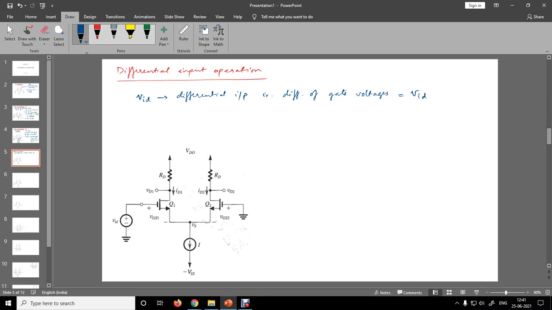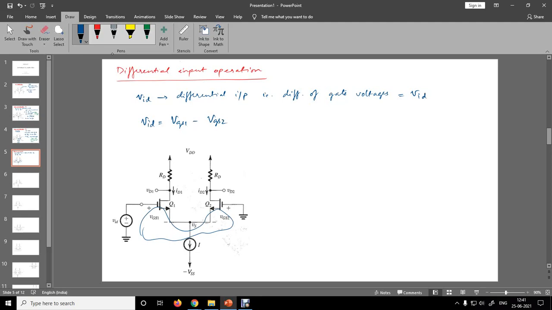So here I am giving VID to the gate of Q1, and I am connecting ground to the gate of Q2. Okay, right. So when I write the expression for VID, I can write VID as VGS1 minus VGS2. You apply KVL like this.